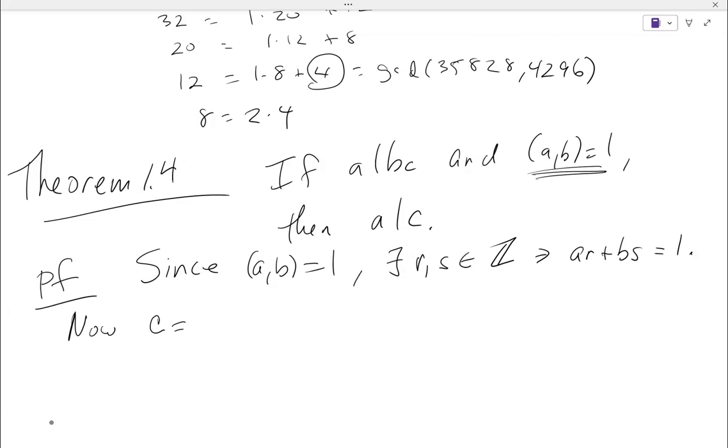So I can write this as C times 1. But do we now have a clever way to rewrite 1? Yeah. I could replace the 1 with AR plus BS. And I'm going to rewrite this slightly as A times CR and then BC times S. Distribute my C through, but rewrite it in that fashion.